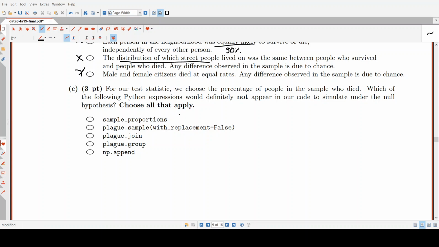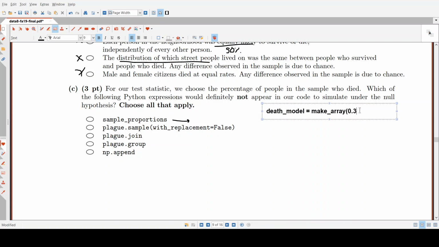So sample proportions, this is possible because it's plausible that we can make code like def death model is make array of 0.33, which is the chance of dying, and 0.67, which is the chance of surviving.